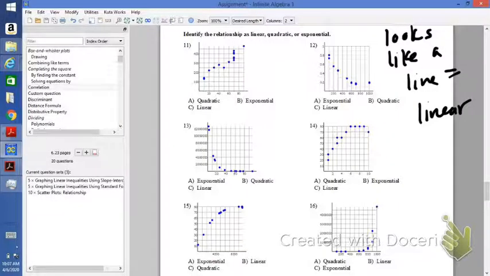Now quadratic and exponential. Quadratics are U-shaped. Quadratics either look like that or they look like this. They're called parabolas. Exponential graphs look more like this.